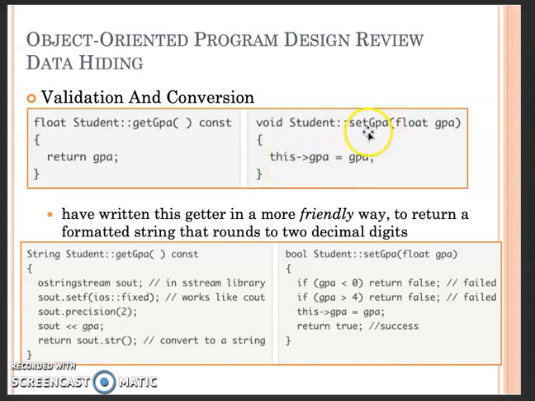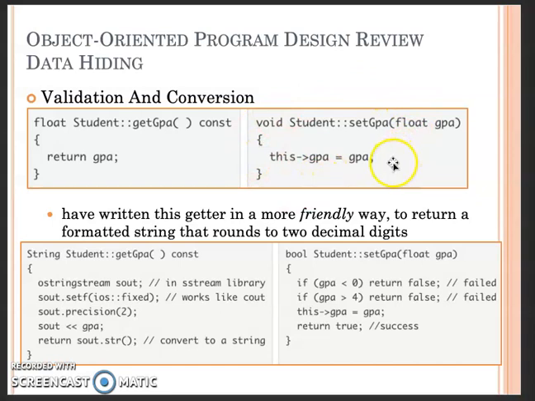When I want to set a new GPA from the input, I still call it GPA, but this GPA is the input parameter. I want to update my host object's GPA. They both are called GPA, but I can distinguish them with the this keyword.